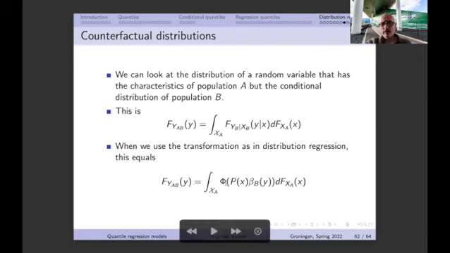Take into account that we can rewrite this at the moment that we look at distribution regression, because we do know that in distribution regression terms, we can rewrite this distribution that we have over here simply by this thing that we have over here. The reason why I'm going to write it like that is that you should realize again that this is actually nothing else than a population mean.